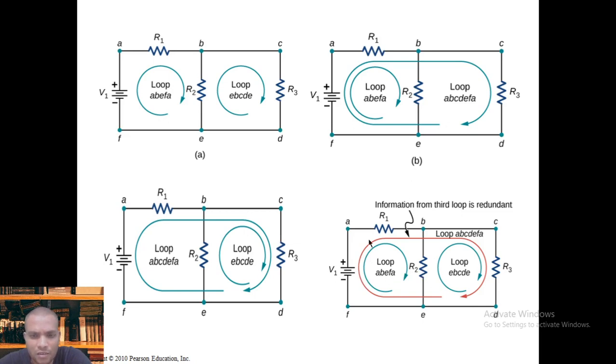If you consider one more loop combining the entire network, that is not necessary, because when we write more redundant equations, we will get stuck while solving them.